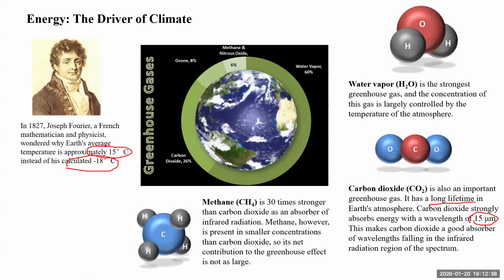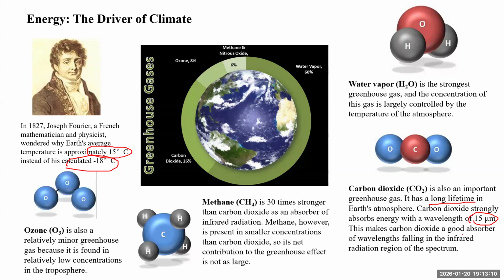And methane is 30 times stronger than carbon dioxide as an absorber of infrared radiation. However, as previously mentioned, although it's a stronger absorber of infrared radiation, it has relatively lower concentration levels, and it can easily react with others, so it has a shorter lifetime.